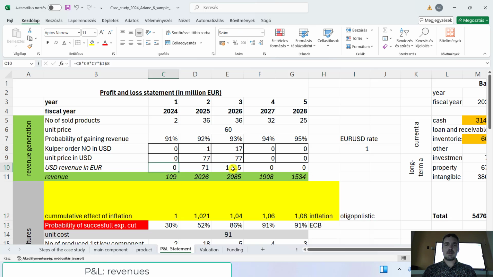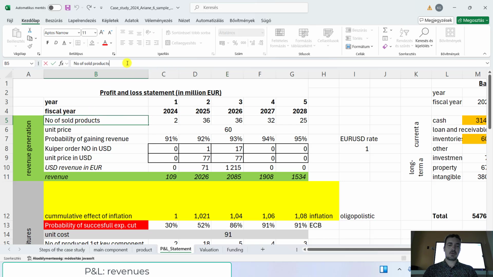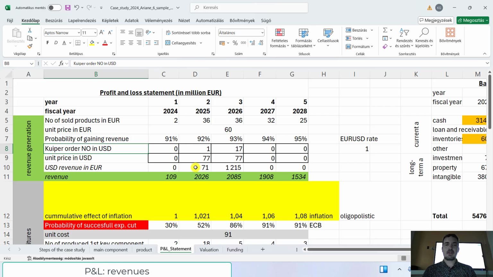Okay, so now we should cut back number of sold products in euro, unit price in euro. The rest is good.